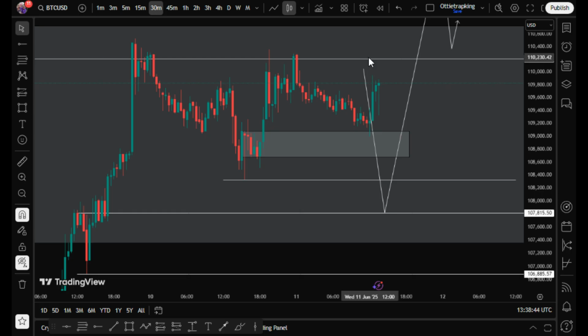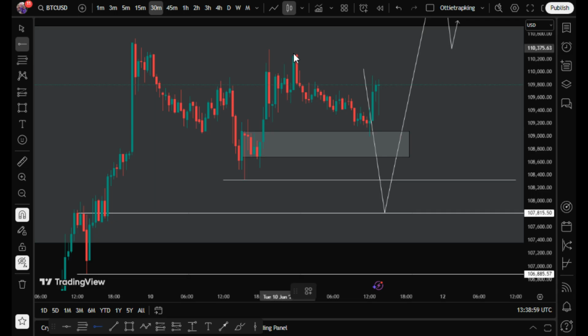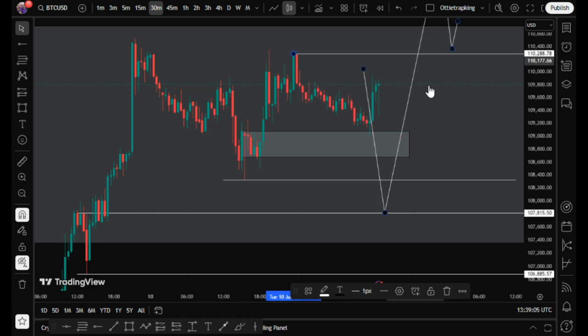Let me delete this line here. This line over here. So only high which was left of this one. So we need to see what the market will do at this level there.